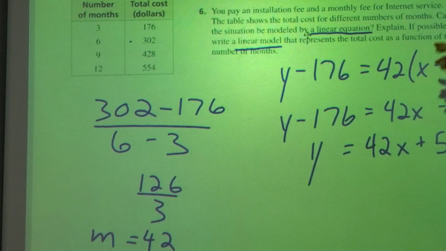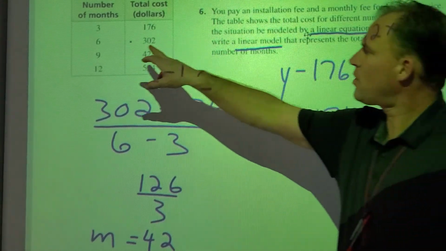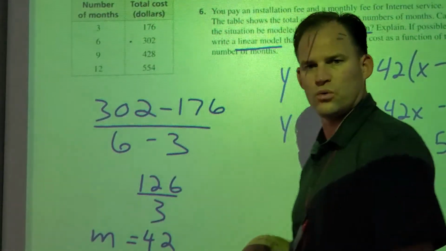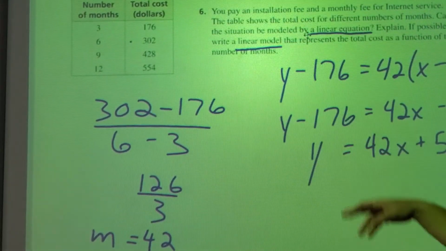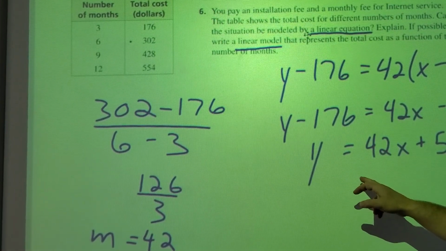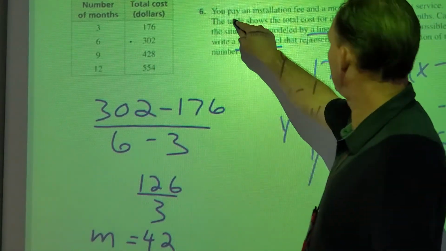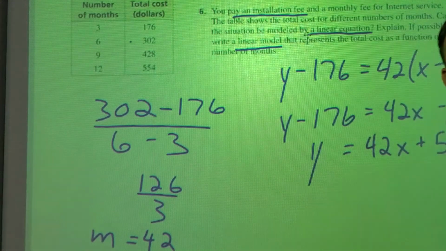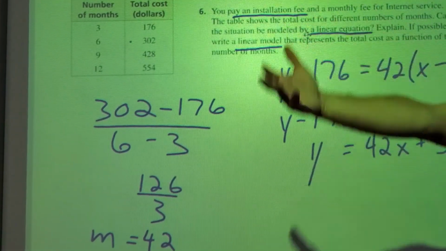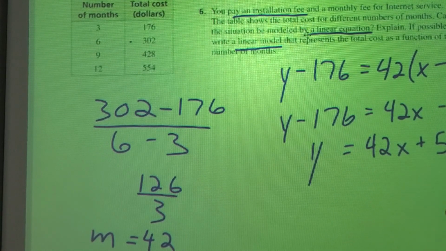Well, I know it's 42, and since I can look at this problem, this is the number of months, this is total dollars, it's going up by 42. That means this is $42 per month. Well, what's this? This is my installation fee. It's the initial $50 you pay to sign up and have them come give you the materials, and then it's $42 for every month after that.